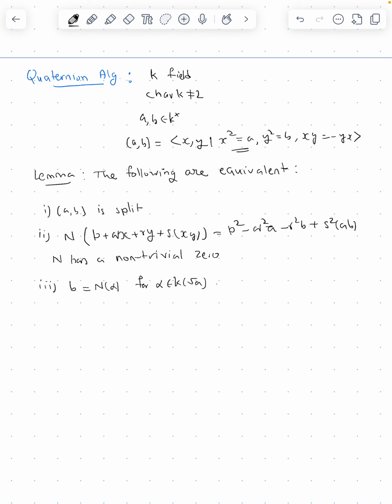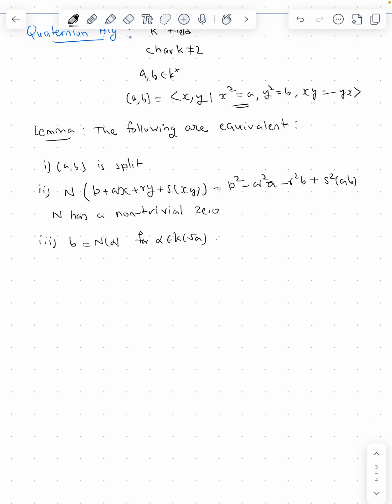But before that, let me define one more thing: for any central simple algebra, there is always a splitting field.